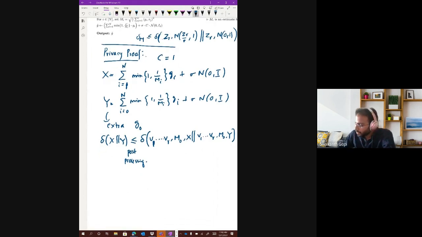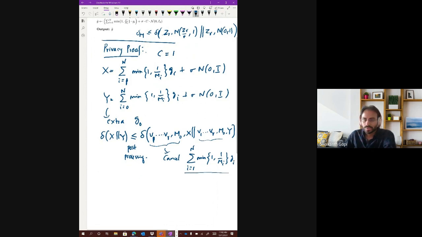Now using these things, I can cancel all the terms above n on both sides, because they only depend on V1 to Vn and the G's. So I can cancel Gi from 1 to n on both sides.